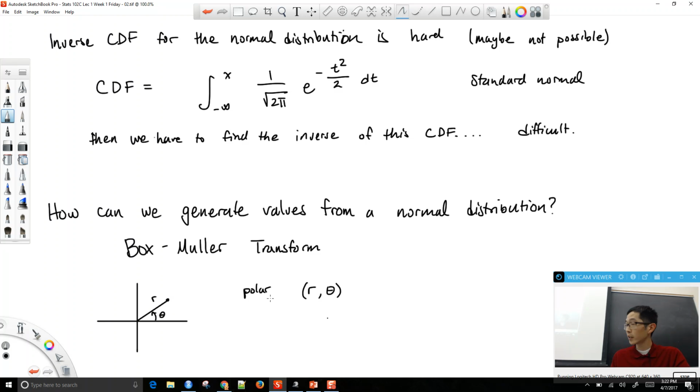And if we want to go from polar to rectangular or Cartesian, do you guys remember the conversion? x is r times cosine theta, and y is r times sine theta.